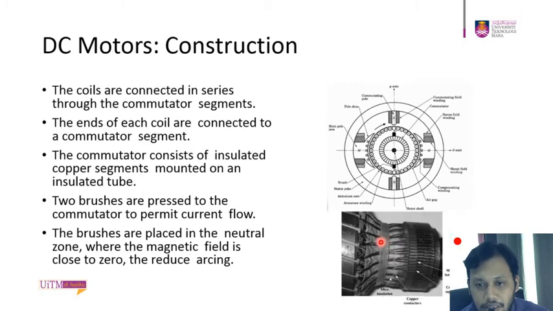The commutator consists of insulated copper segments mounted on an insulation tube. Two brushes are pressed to the commutator to permit current flow, and the brushes are placed in the neutral zone where the magnetic field is close to zero to reduce arcing.